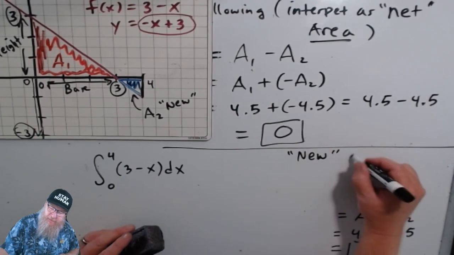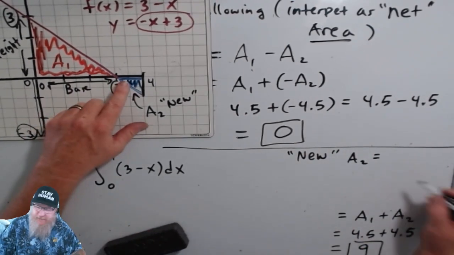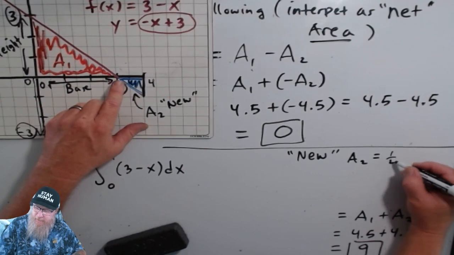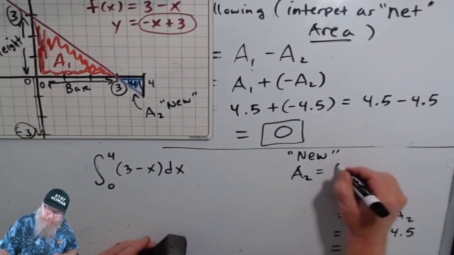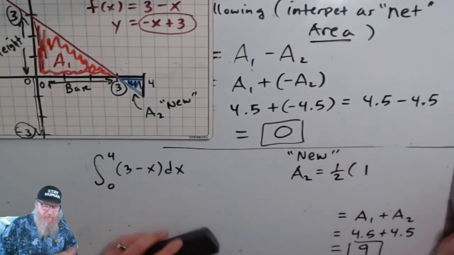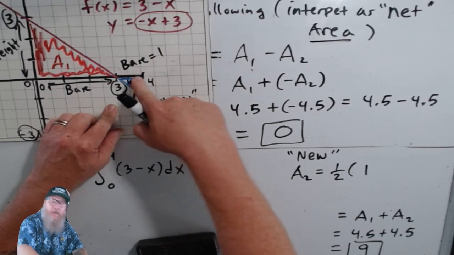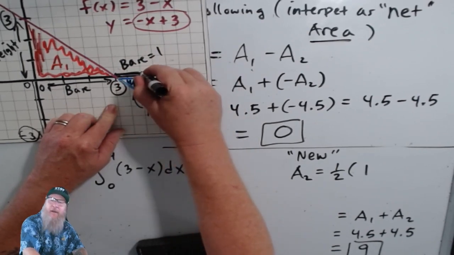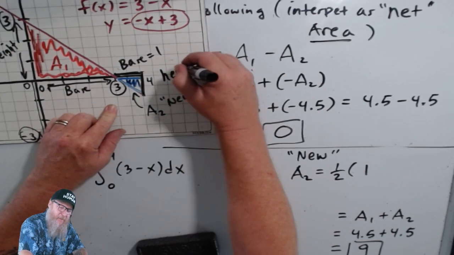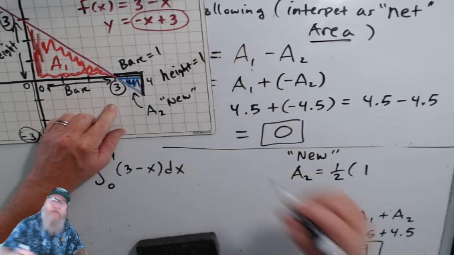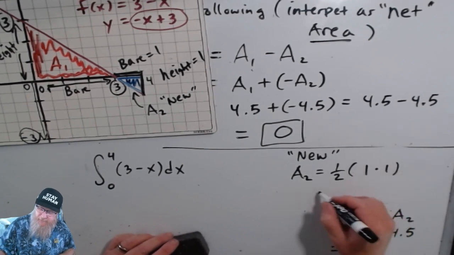So the new A2, or the smaller A2, the base is only 1. Yeah, the base is 1 for this small triangle. And the height is also 1. So that's just going to be 1 times 1.